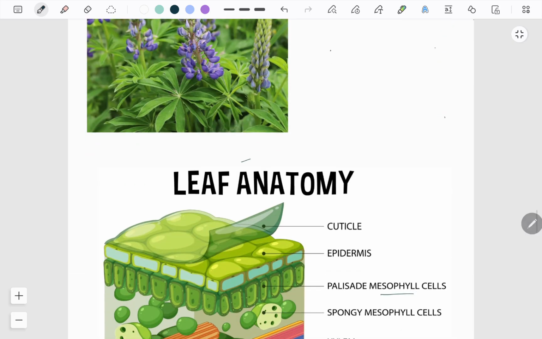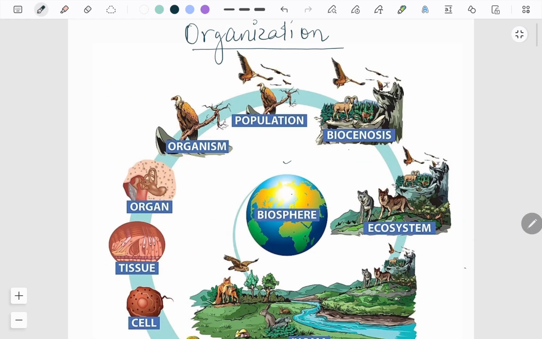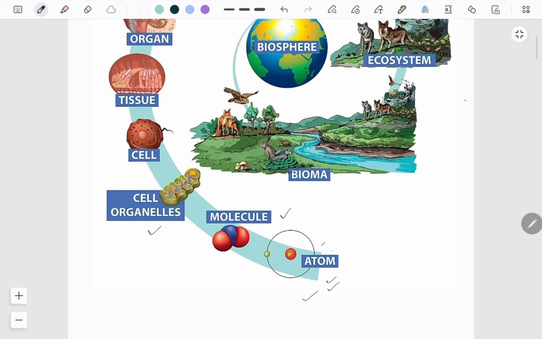For example, mesophyll cells of a leaf which contain the chloroplast. So atoms make up molecules, molecules make up cell organelles, organelles make up a cell, and different cells make up tissues. Different tissues make up organs.